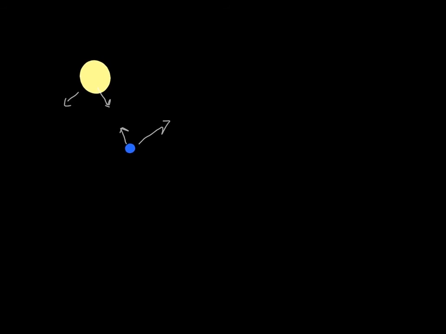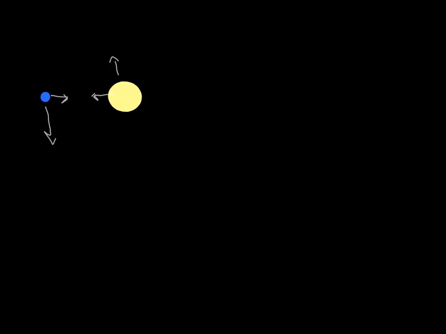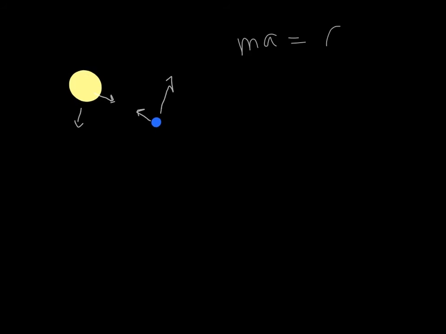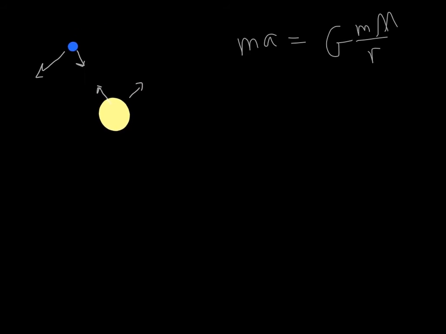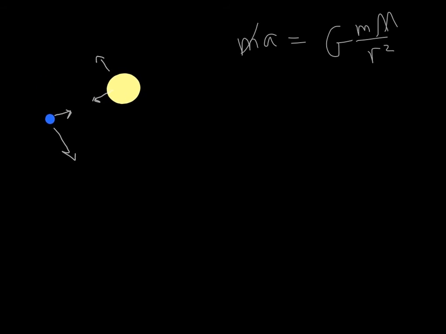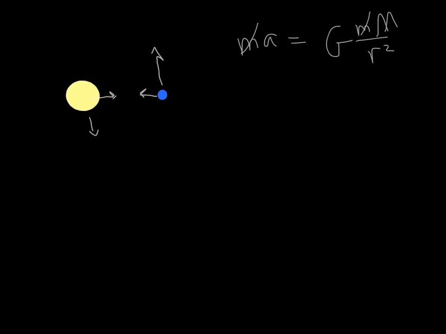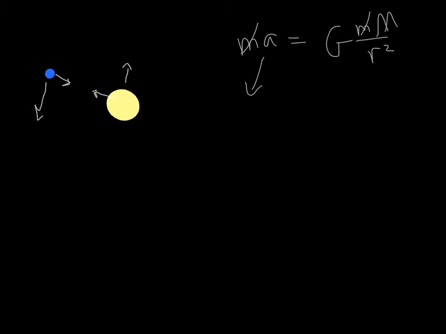Okay, I want to use that same concept to cook up another important formula. So let's start again with mass times acceleration is equal to the gravitational force. Once again, we're going to notice that the mass of the planet cancels. And the next thing is that the acceleration is v squared over r.